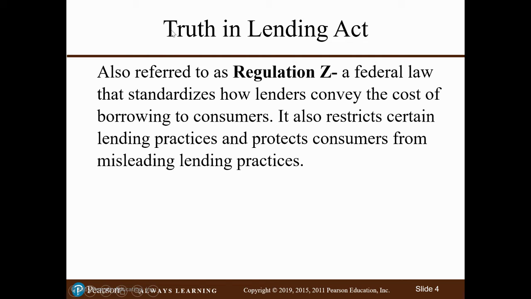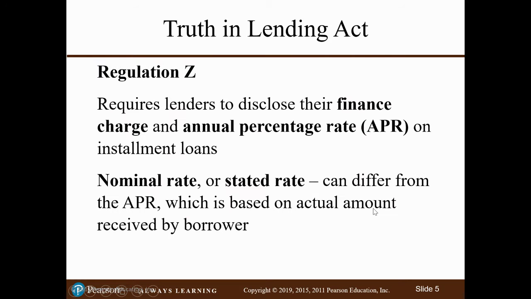So that's also called the Truth in Lending Act, sometimes referred to as Regulation Z. And basically what this does is it allows you to compare two different loans that have different terms. For example, one loan might be 8% for 24 months, and another loan might be 7% for 36 months. You can use this APR, annual percentage rate, to see which loan is more cost effective for you.